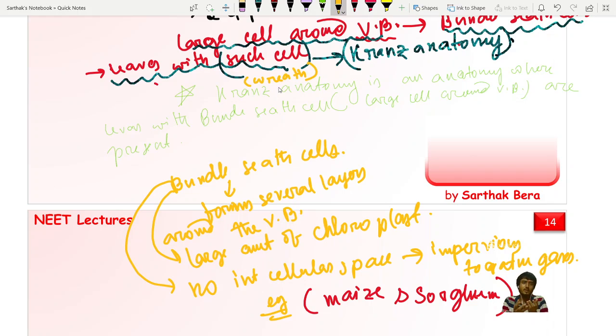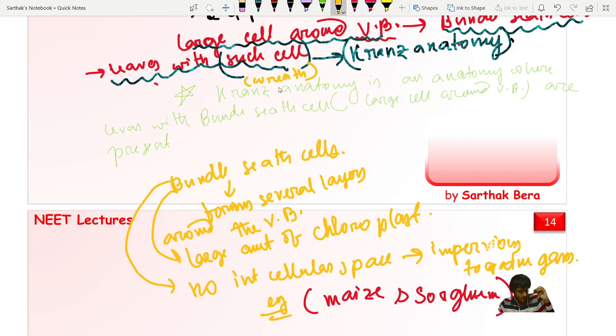Around the vascular bundle there are bundle sheath cells, and these form a large thick layer around the vascular bundle. This anatomy is called Kranz anatomy, and this is the specialization of the C4 plant.